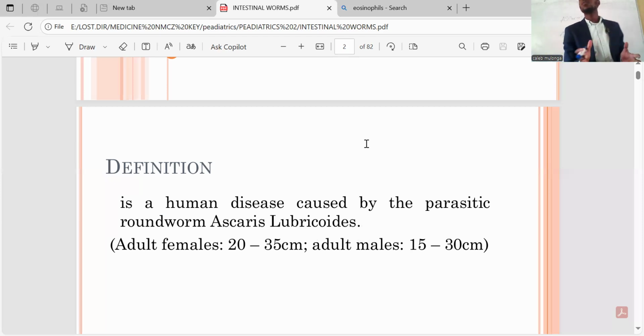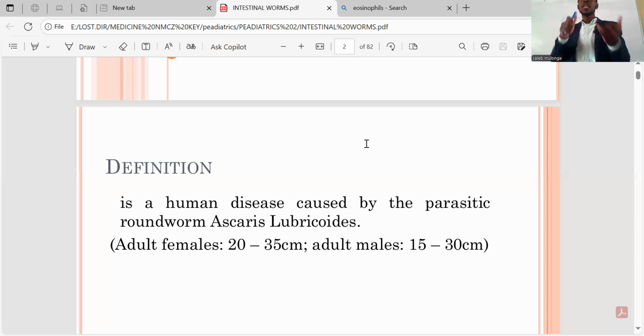So the definition that we've mentioned here is one that is full and complete. We are saying this is a human disease that affects the gastrointestinal tract, and it is caused by a parasitic roundworm called Ascaris lumbricoides. Remember, the definitions for medicine need to have characteristics, at least 3.